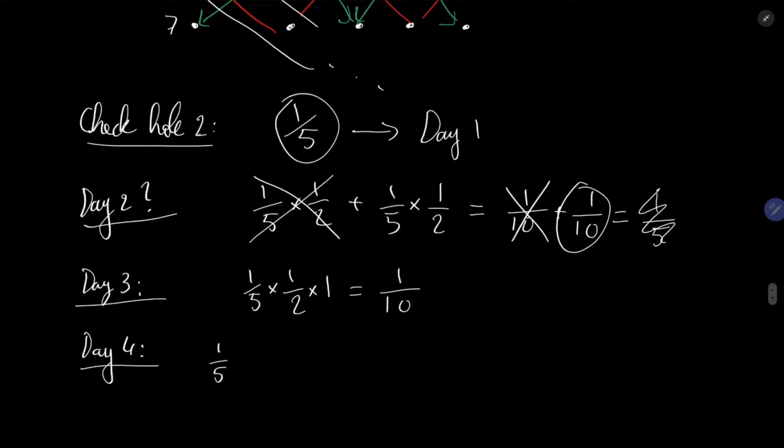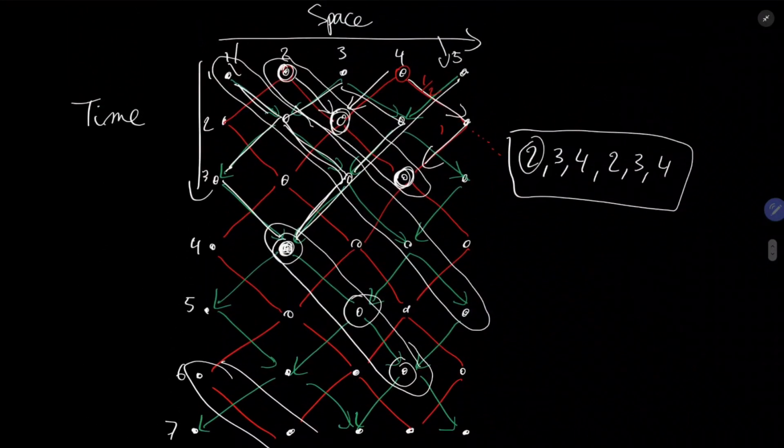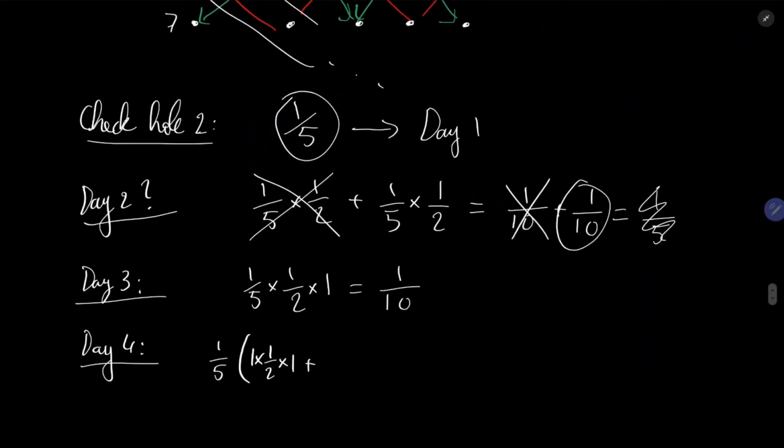So we have 1 multiplied by 1/2 multiplied by 1, plus another path: probability 1 to go to the right, probability 1/2 to go to the right, and 1/2 to go to the left. So 1 multiplied by 1/2 multiplied by 1/2. So that's it for hole number 1.